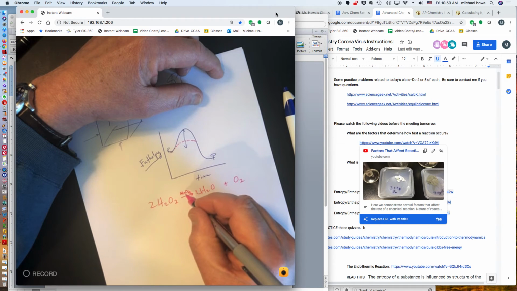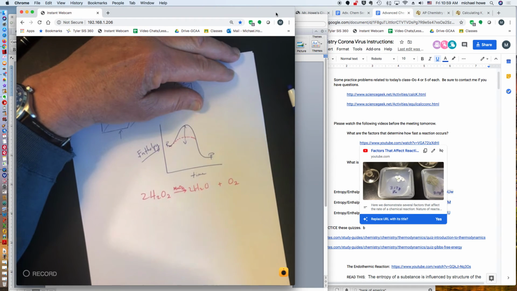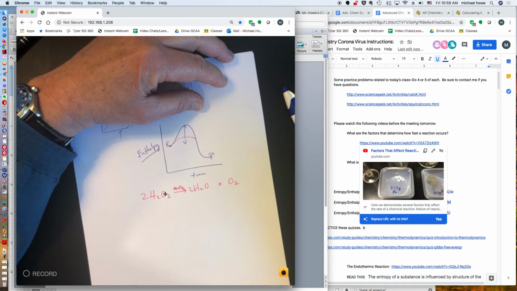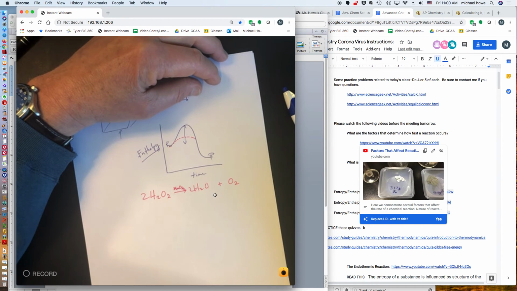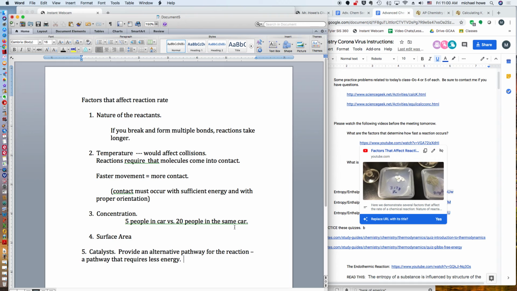That catalyzes the reaction, although it's not used up. You can use it again and again. We used this reaction another time in our class in the pipette rockets, where we were trying to shoot the little pipettes across the room. So those are the factors that affect reaction rates.